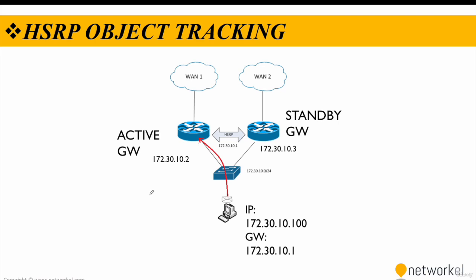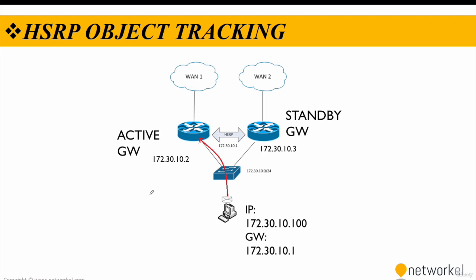HSRP object tracking can monitor the status of, again, an interface or, most of the time, IP SLA objects and routing protocols. You configure the object tracking using a combination of track commands under the HSRP configuration. Each tracked object is assigned a numeric identifier and a decrement value, which specifies how much the HSRP priority should be reduced if the tracked object goes down.